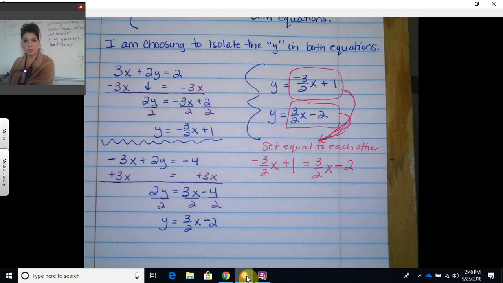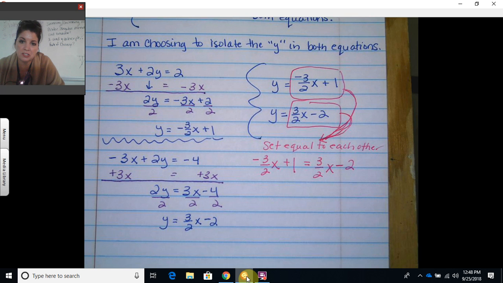Now, I have x's on the left and x's on the right, so I want to solve for x. So I could add 3 halves x to both sides, and I could do that in this equation. It would be easy, but I'm just going to go ahead and clear the fractions, because I really want y'all to know how to and be pros at clearing the fractions.